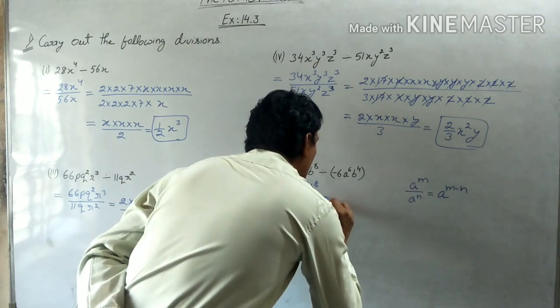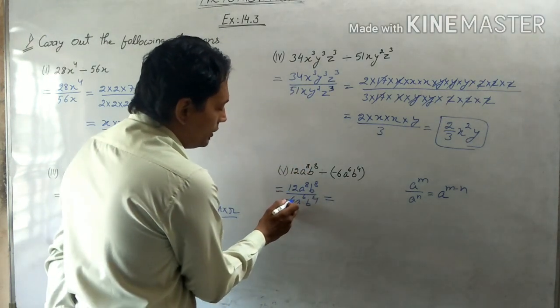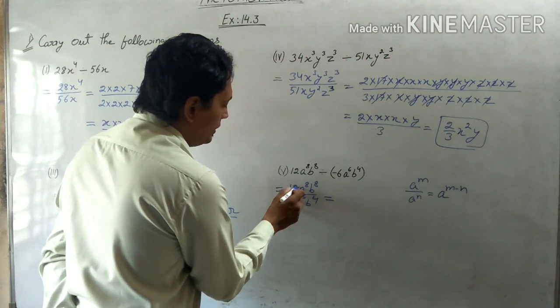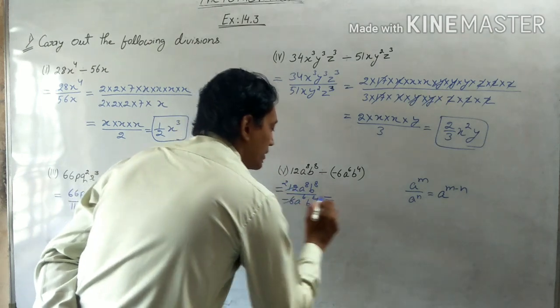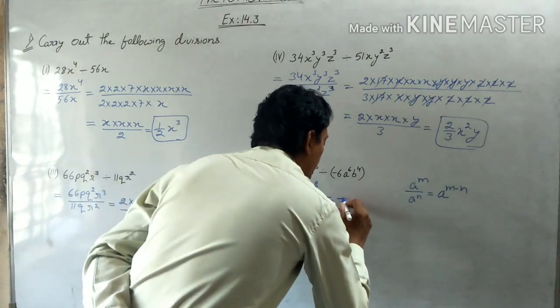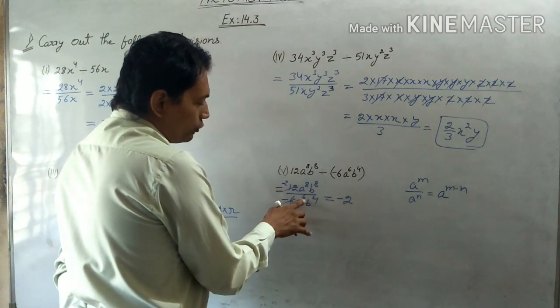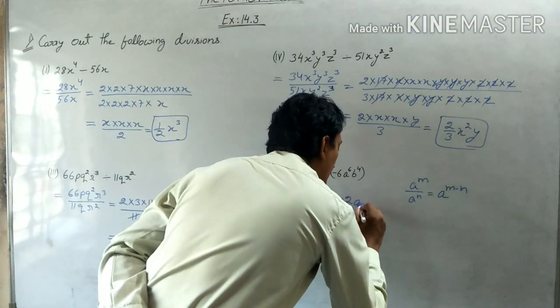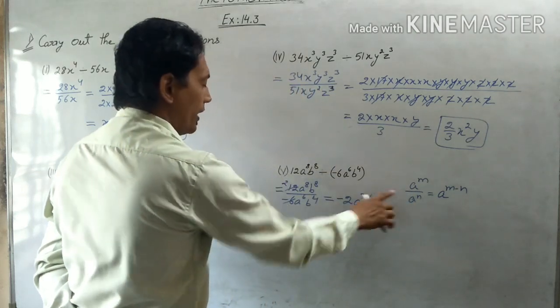Okay, so this thing, as we already know that there is 12 here, there is 6 here, 6 2s are 12, this gets cancelled, and again after that this minus sign comes in the numerator, so we have minus 2. There is a raised to 8 here and a raised to 6 here, which can be written as a raised to 8 minus 6 from this law of exponents.